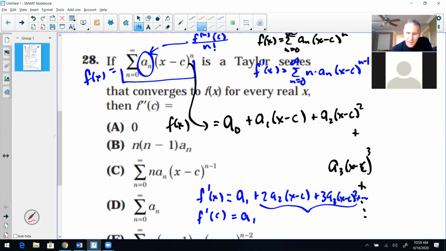And then f double prime of x is equal to the summation as n goes from 0 to infinity of n times n minus 1 times a sub n times x minus c to the n minus 2, right?